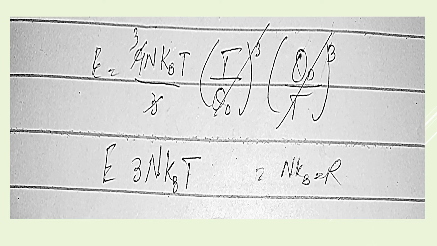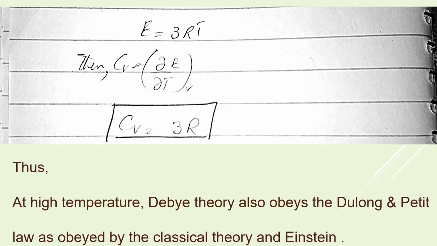kB T over 3 into T over theta D cube into theta D over T cube whole cube, and cancelling the terms we get E is equal to 3N kB T. Here N kB is equal to R, that is the universal gas constant.